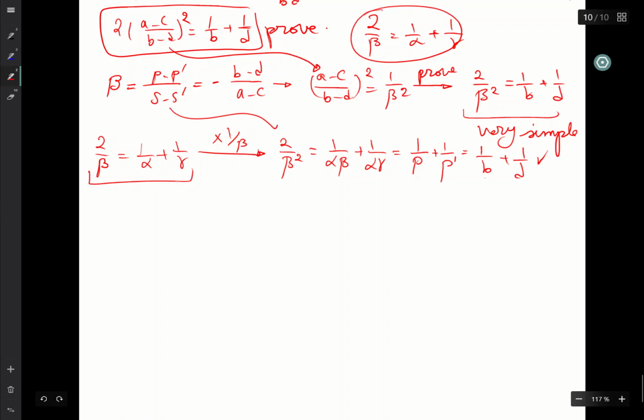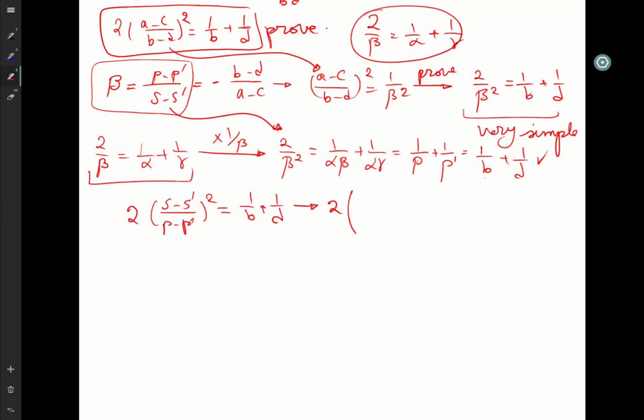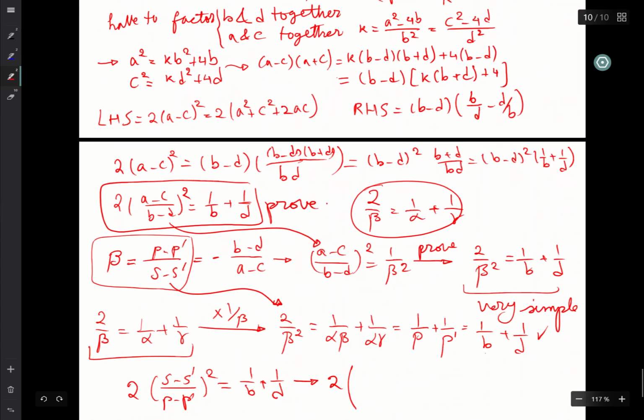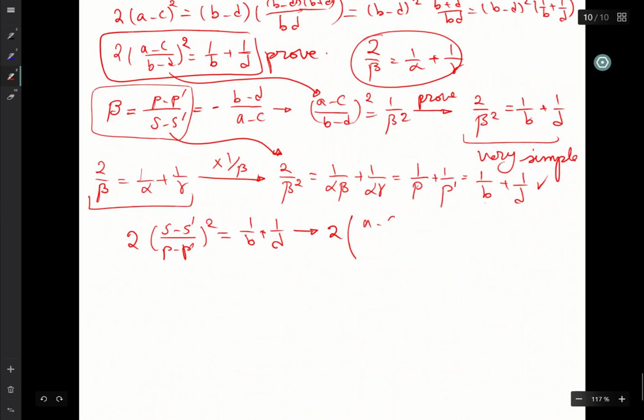But then we know that if we have two quadratic equations that have a common root, the common root is p minus p prime over s minus s prime. So 2 s minus s prime over p minus p prime squared is 1 over b plus 1 over d. And therefore, s was a and s prime is minus c, so 2 a minus c over b minus d squared is 1 over b plus 1 over d.